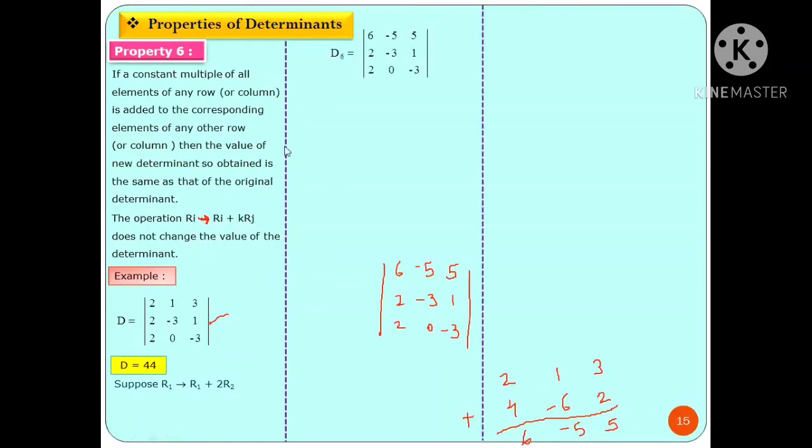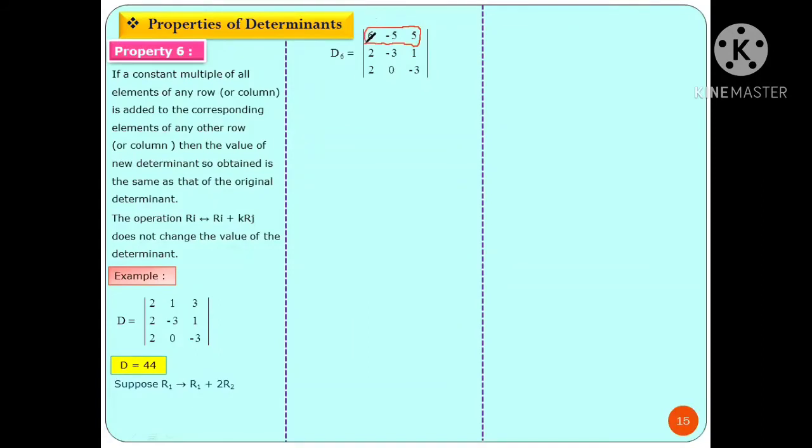D6, for property number 6. The first row elements are 6, minus 5 and 5, calculated in the first row, with the second row and third row as they are. Solving the determinant along the first row. Selected first row elements.